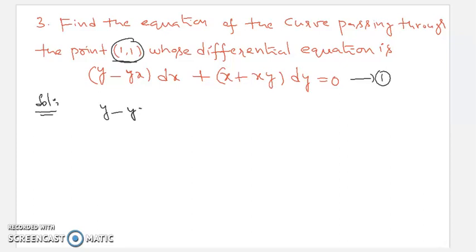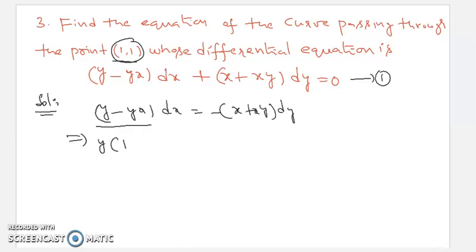y minus yx into dx is equal to minus x plus xy into dy. Now in this value, common y, 1 minus x into dx. In this we take common x values. So minus x into 1 plus y into dy.